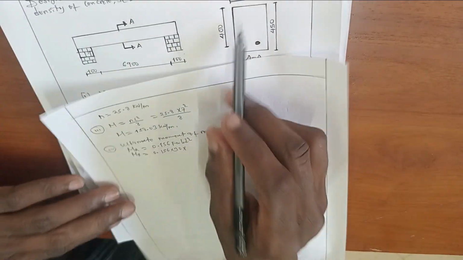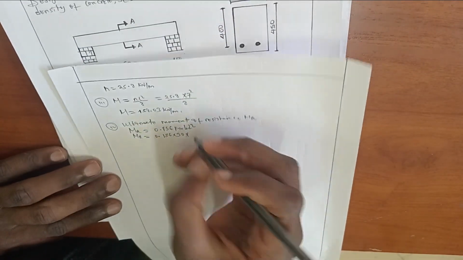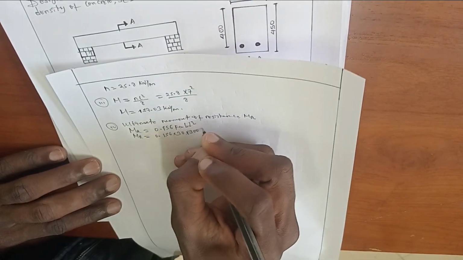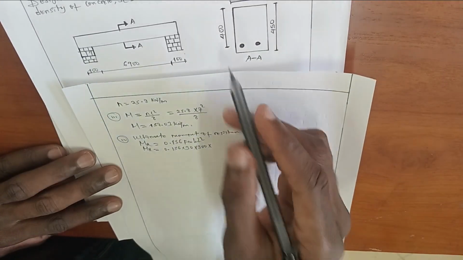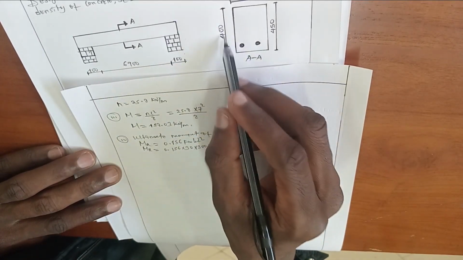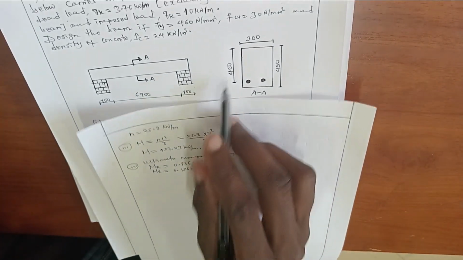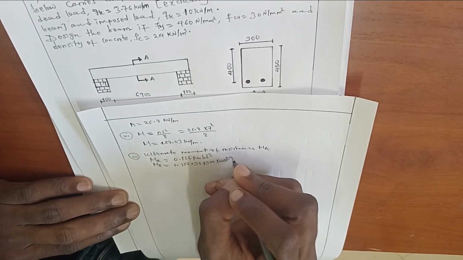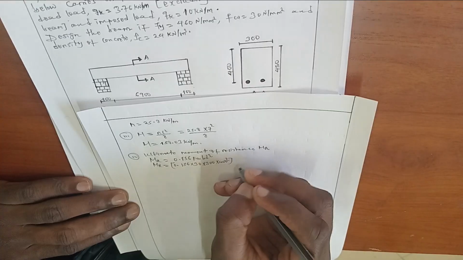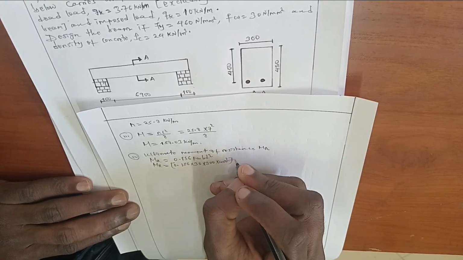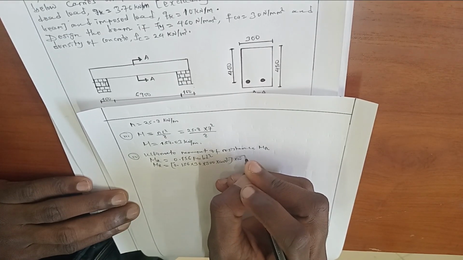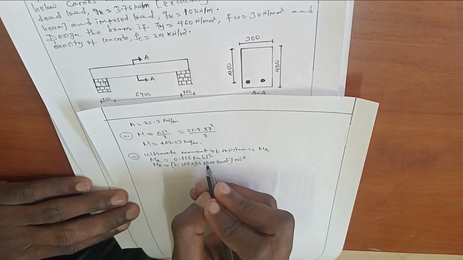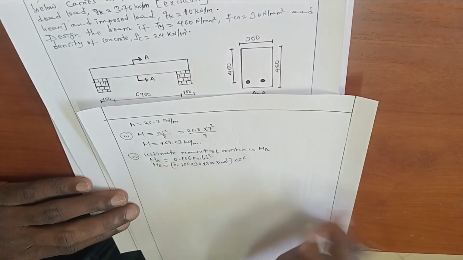The b d square of this beam section is 300 times the effective depth, which is 400, square. To make it in kilonewton meter, we multiply by 10 to the power -6, because fcu, breadth and depth are in millimeter.